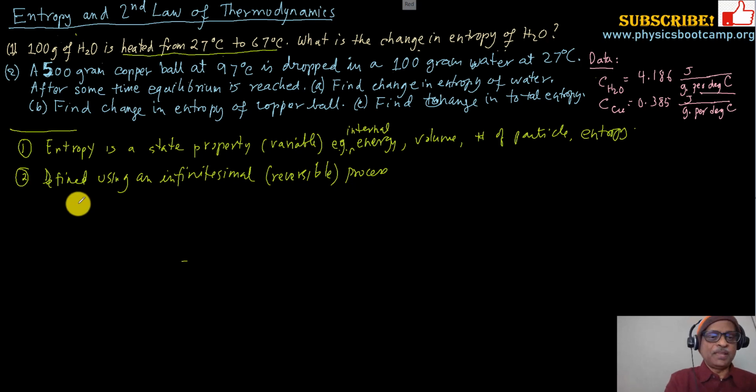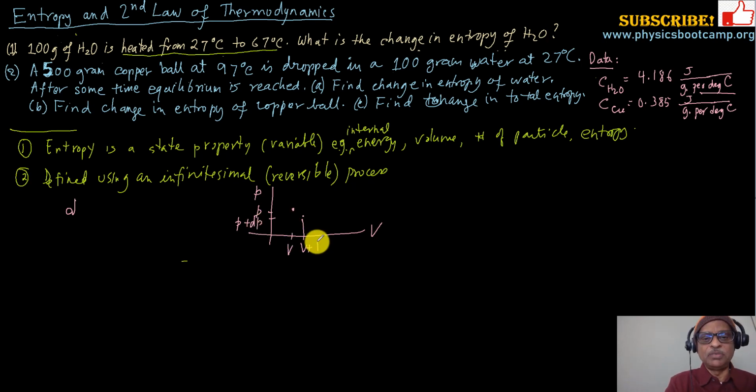So here is a definition of entropy. Say you have a P and a V, and you're here, and you go to another point, let's call it P plus dP, where this dP is less than 0 in this diagram, and V plus dV.